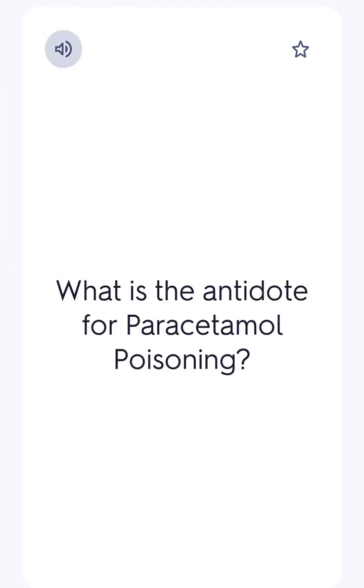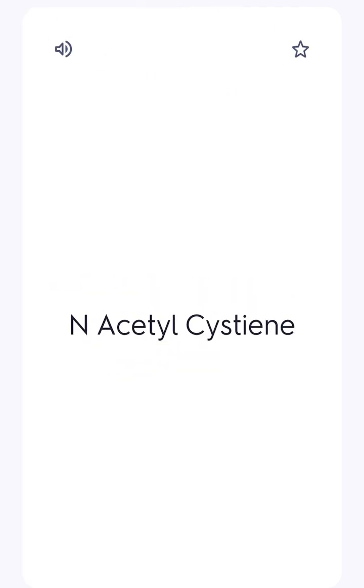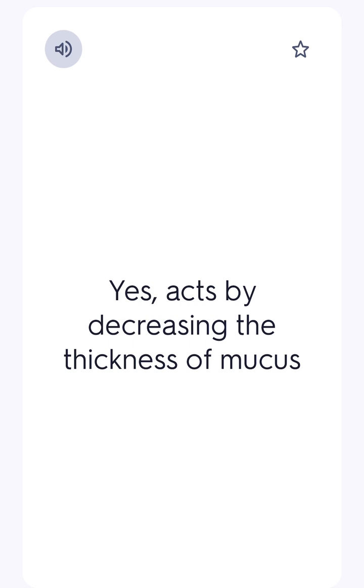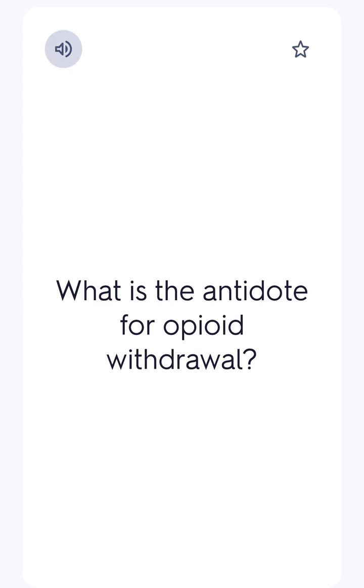What is the antidote for paracetamol poisoning? Acetylcysteine. Is acetylcysteine a mucolytic or mucus fluidificant? Yes, it acts by decreasing the thickness of mucus. What is the antidote for opioid withdrawal?